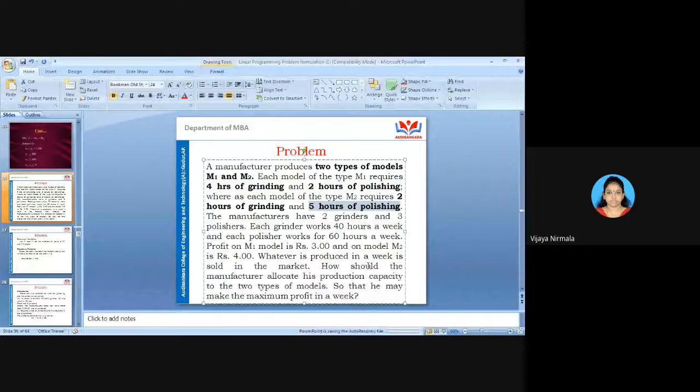So this is the time that M1 and M2 require. Up to here I think you understood.